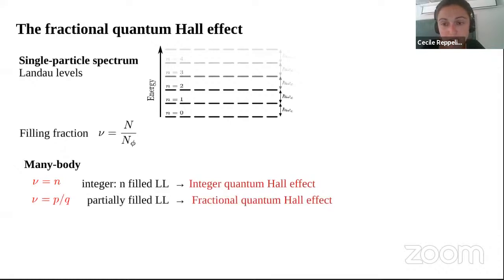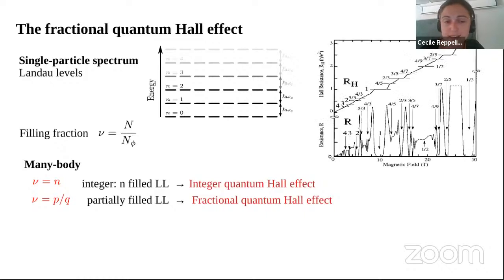On the other hand, if the filling fraction is a fraction, not an integer, then we have a partially filled Landau level. For some very specific fractions, you get an insulator, an incompressible phase. That's what we call the fractional quantum Hall effect, which is characterized by fractional Hall conductivity or fractional Hall resistivity.